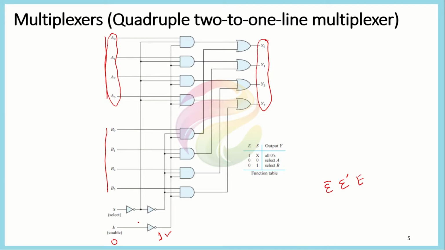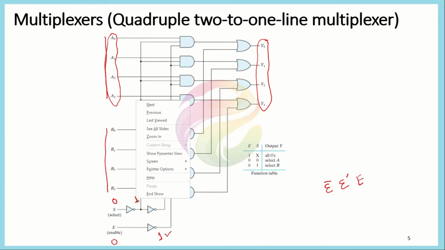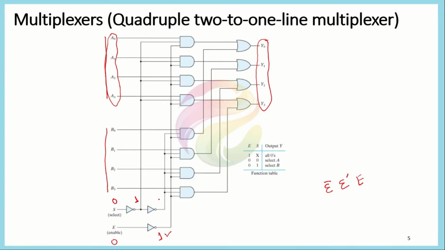The enable bit only determines when we will get the output of the given circuit. If we select just S equal to 0, put S equal to 0 here, then after the first inverter we will get 1 here, and after the second inverter we will get 0 here.